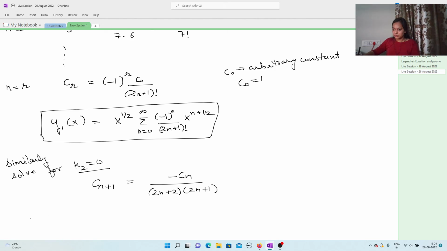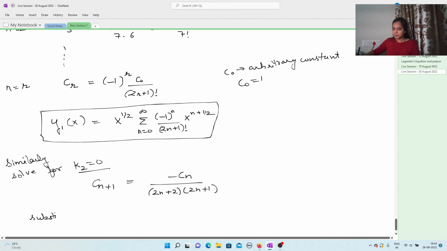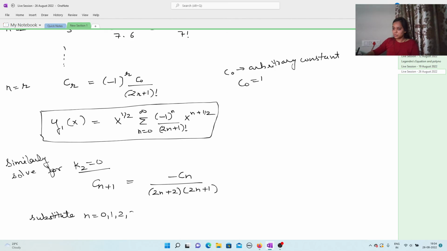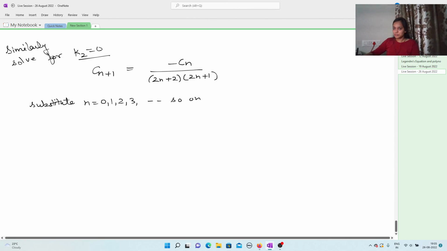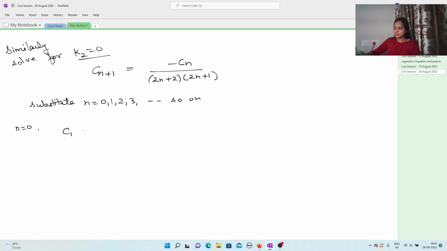Now we can substitute n equals 0, 1, 2, 3 and so on, and get the second series. So for n equals 0, we have C1 equals minus C0 over 2 into 1. For n equals 1, we have C2 equals minus C1 over 4 into 3.